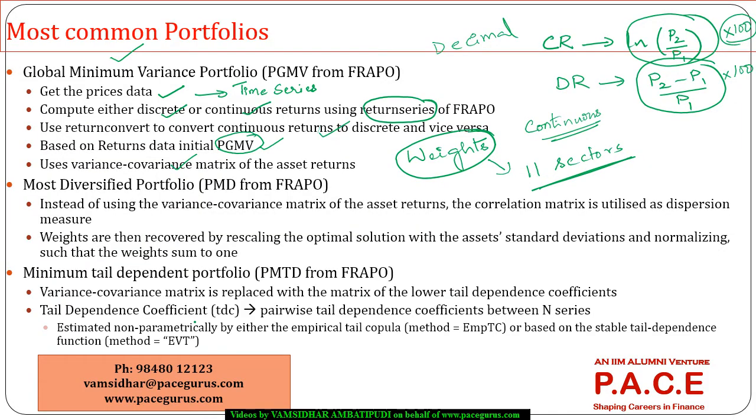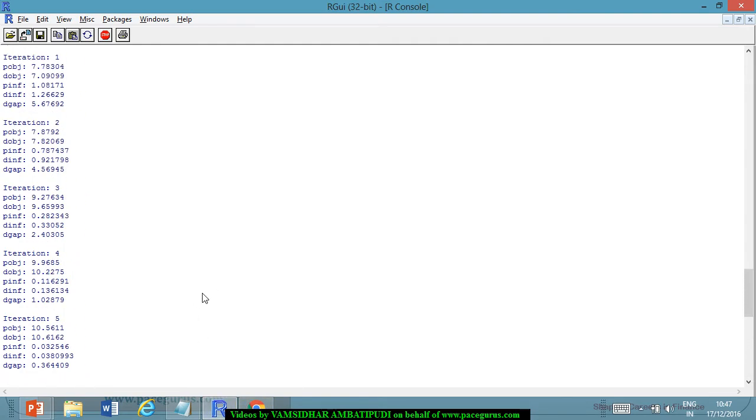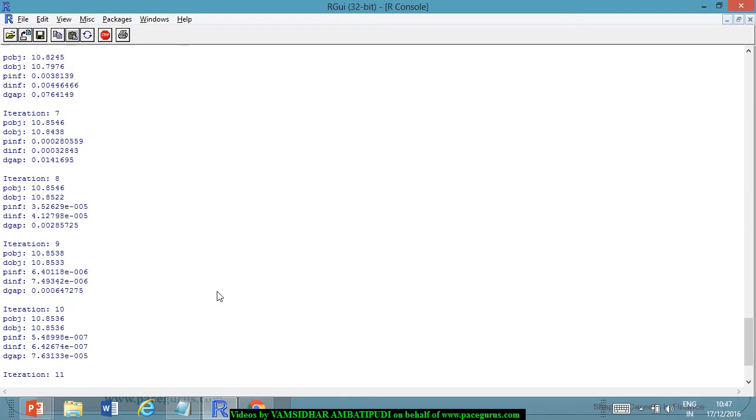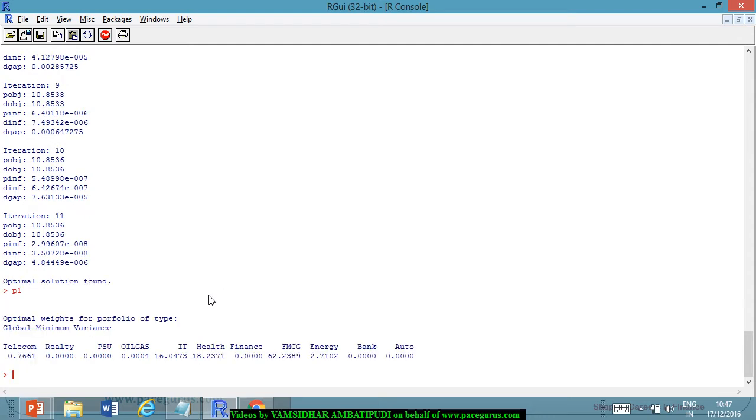Now in this process I really want to see what is the kind of variance that has come out, right? So this is my portfolio, which is a global minimum variance portfolio. If you see here, I can type in P1 to see what it contains. It is telling me that I should invest 0.76% of my total money.